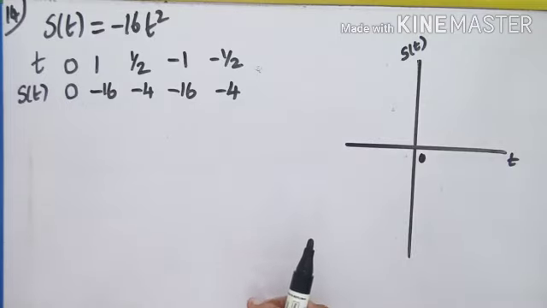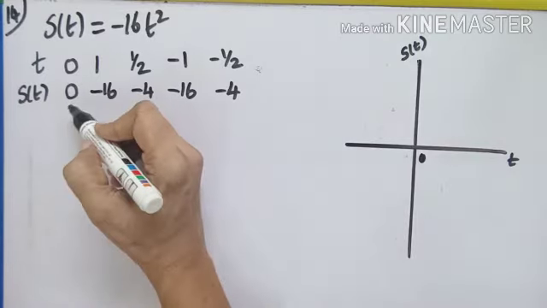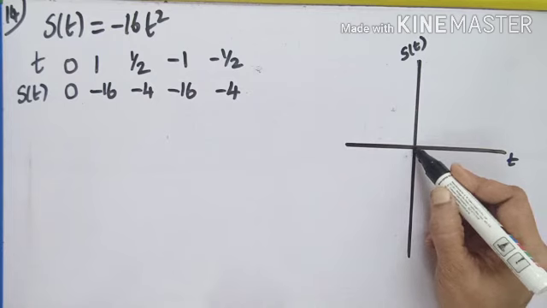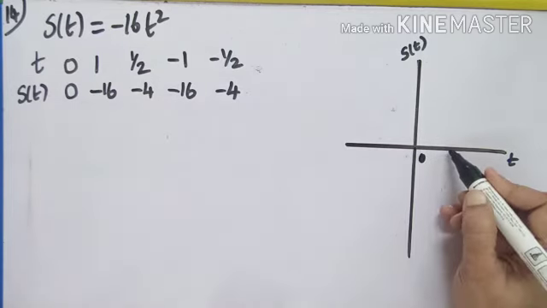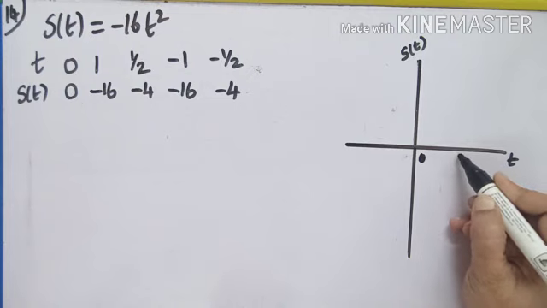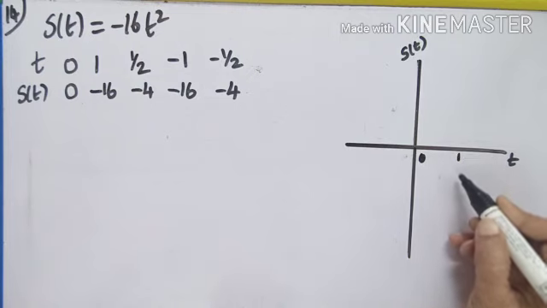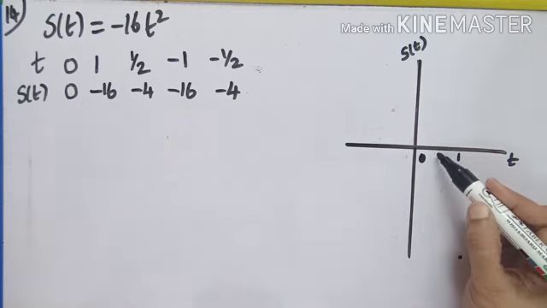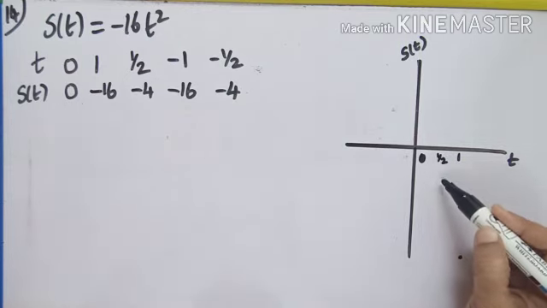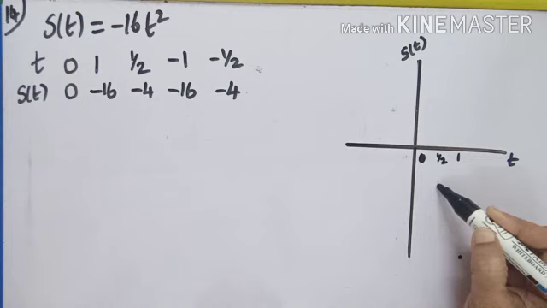We shall try to plot it. 0, 0 here. (1, minus 16). This is 1. Let me say this is 1. Minus 16 will be somewhere down. So my answer will be here. (Half, minus 4). Half will be here. Minus 4 somewhere here.